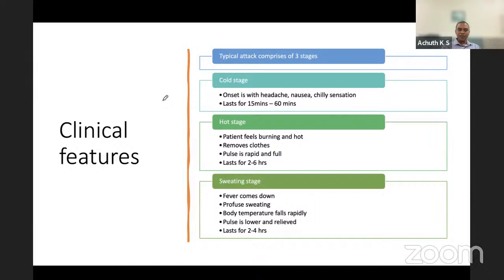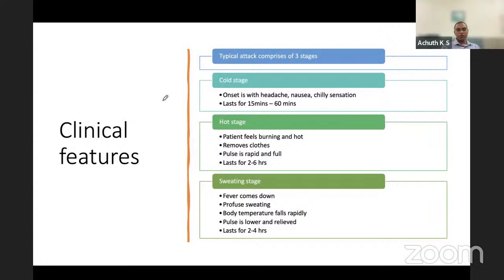During the life cycle, we saw when merozoites are released from the blood, that is, trophozoites are getting released and they get matured into schizonts, we have a clinical picture. During that erythrocytic cycle, you get all these things. And after the sweating stage, you have again another cold stage.